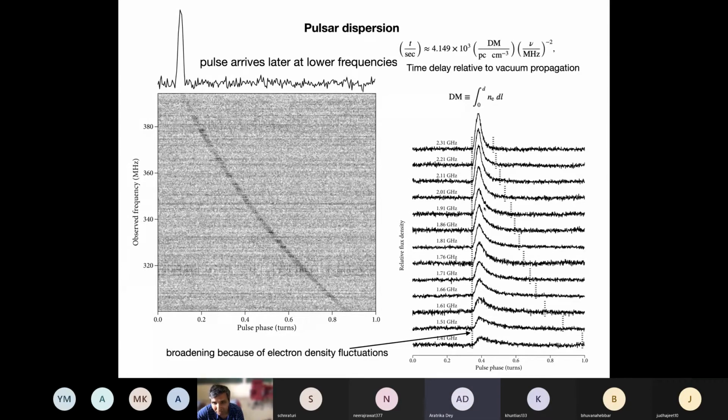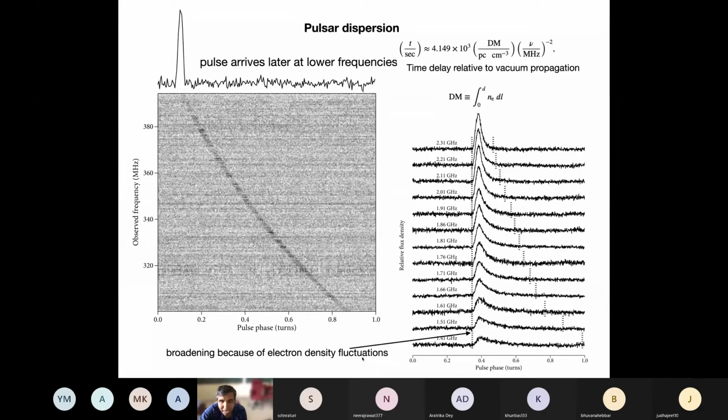Notice there's a broadening. The width of the pulse is larger at low frequencies, right? And this is because of pulse broadening. This is because of electron density fluctuations. If there are density fluctuations in the medium, density fluctuations means refractive index fluctuations.